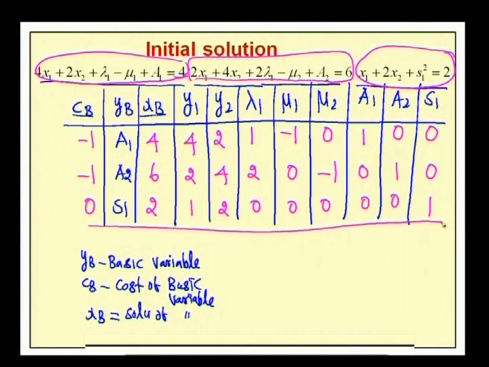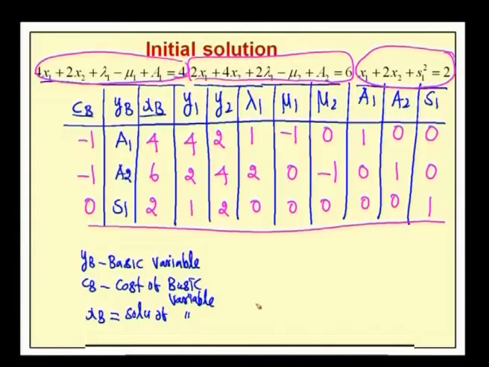From this simplex table, each and every time we try to improve the optimum solution. In order to get the optimum solution, we have to check the condition that all Zj minus Cj values should be greater than or equal to 0. If all Zj minus Cj are greater than or equal to 0, then the optimal solution to the given linear programming problem is obtained.